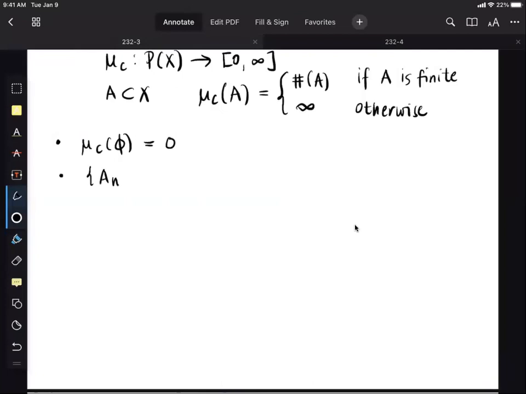So for that, let us take a countable sequence of subsets of X, which is pairwise disjoint, and let us set A to be the union.